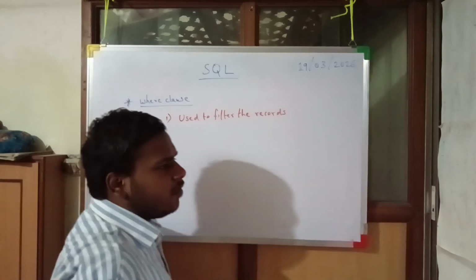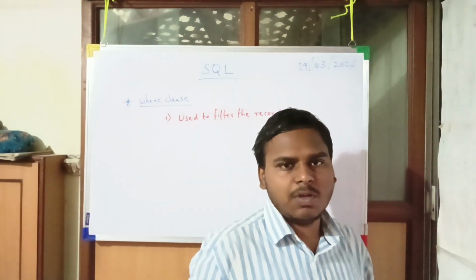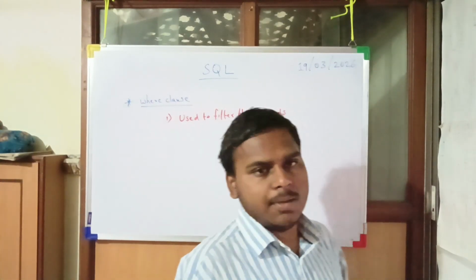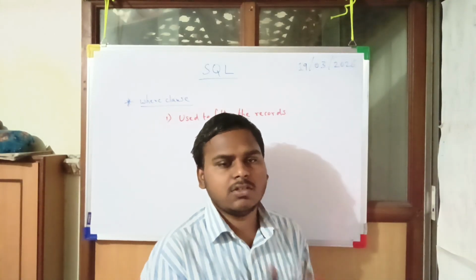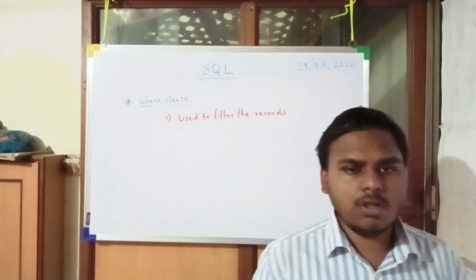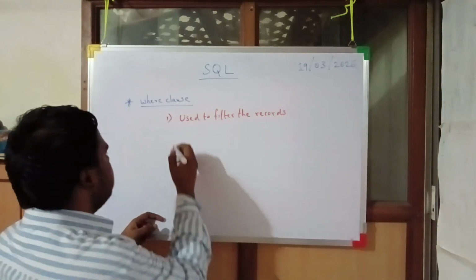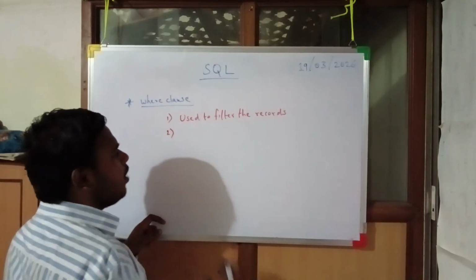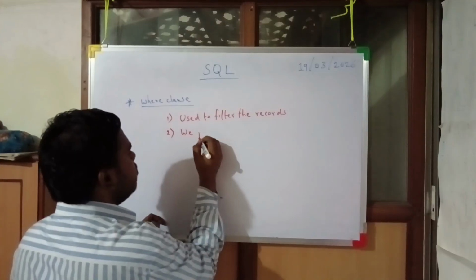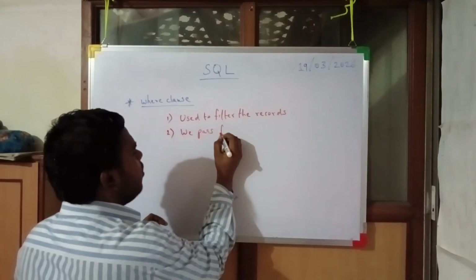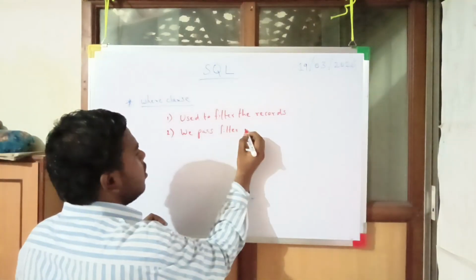For example, if I ask you to write a query to display the details of employees earning more than 2000, that's the filter condition. We pass the filter condition in the where clause.